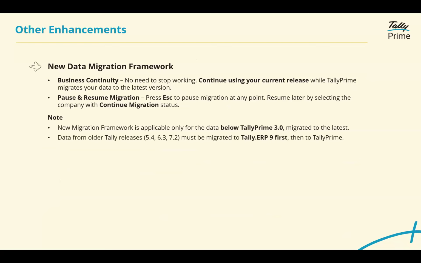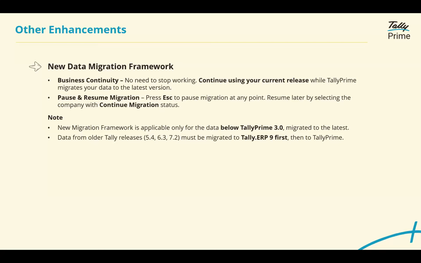And if you migrate that data, you also have the flexibility to enable the option for the users, so that the users keep on working on the data as well as the migration happens in one system. And also you can pause the migration at any point of time. You can resume it again whenever it is required. So these functionalities we have added.